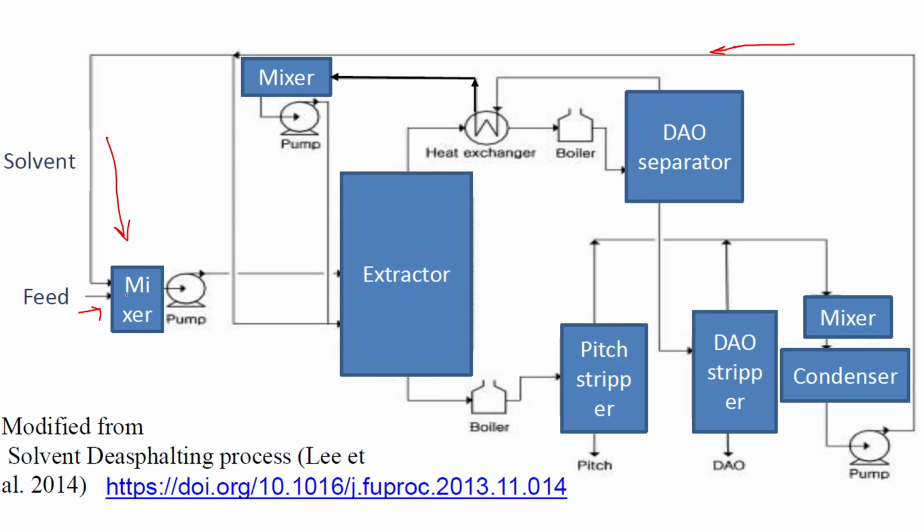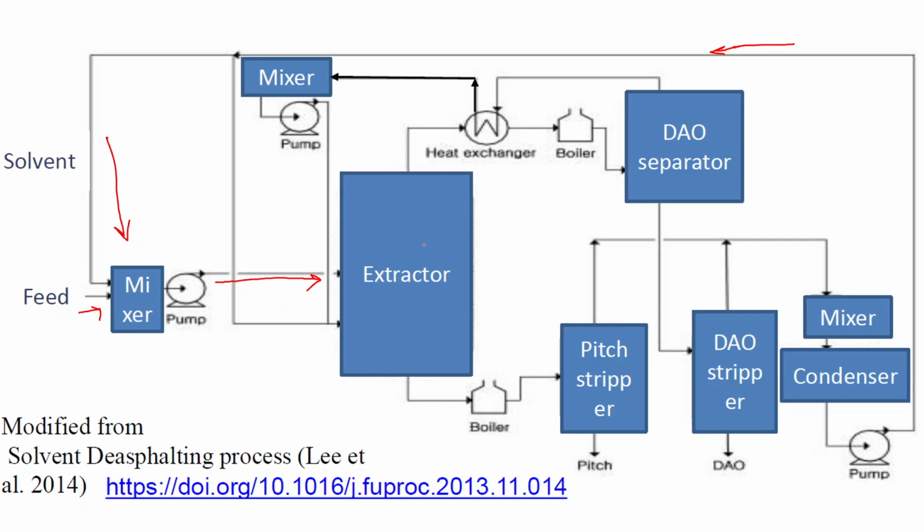Mixing is done here, and as we know its viscosity is very high, so it will be pumped into the extractor using a pump. Here in the extractor, mixing of this solvent and feed will be done, and sometimes some temperature or pressure is given for proper mixing.